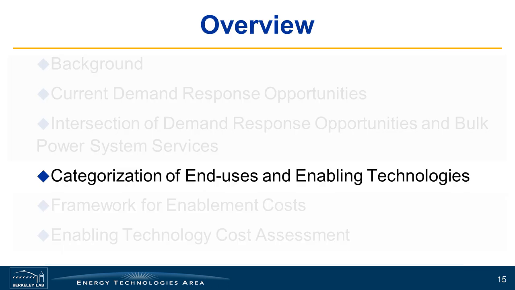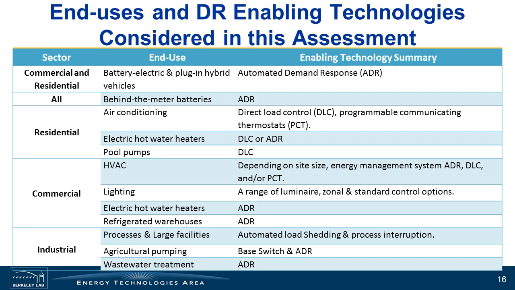So this takes us to categorizing our end uses and enabling technologies. Primarily we need to build a framework for each of the end uses in the sectors that we evaluated under this assessment. We looked at commercial, residential, battery electric, and plug-in hybrid vehicles.